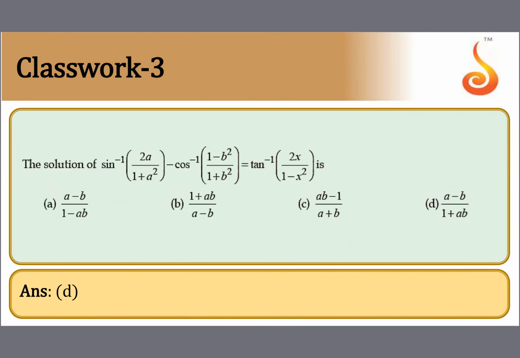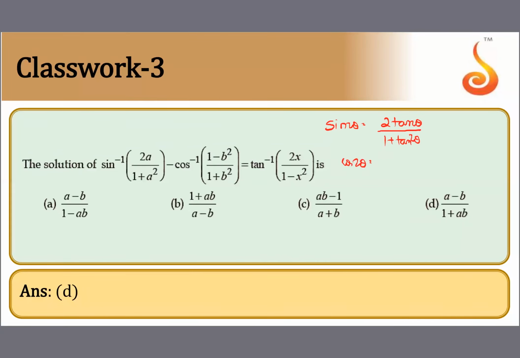Example 2. Before I proceed, we write sine 2 theta is equal to 2 tan theta upon 1 plus tan square theta. Your trigonometry is revised.